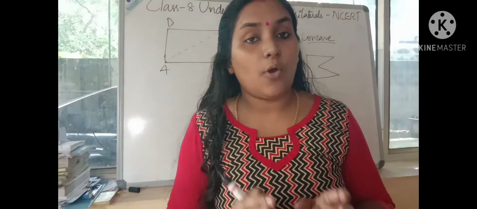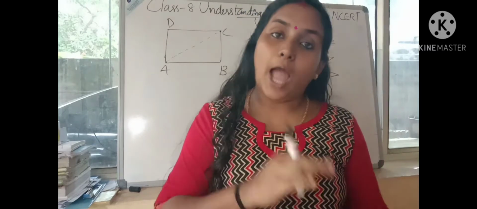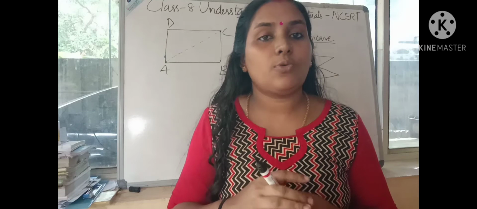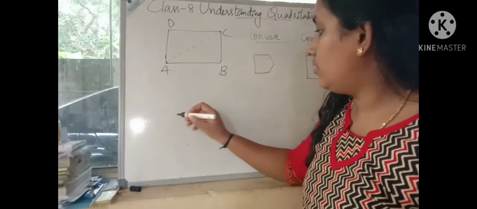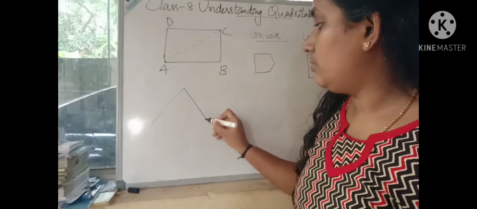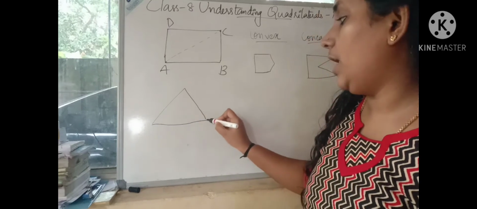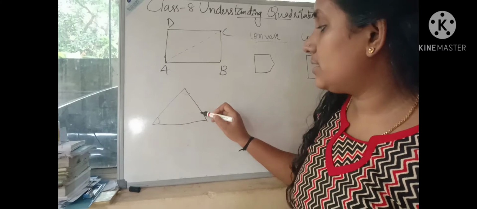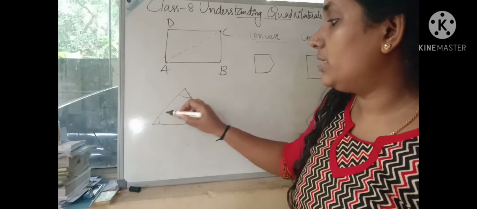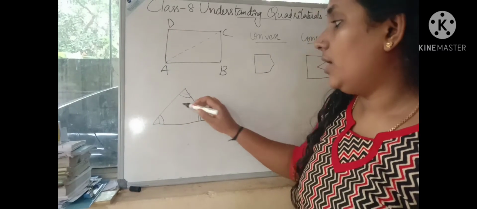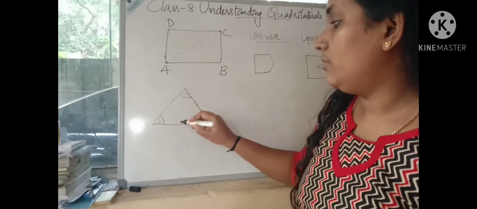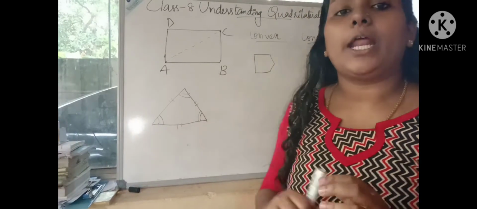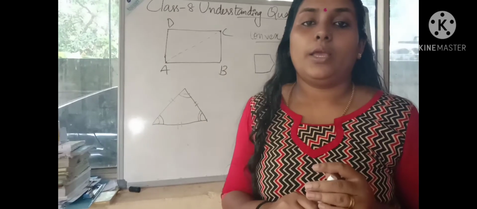A regular polygon is a polygon that is both equiangular and equilateral. That means what? For example, this is an equilateral triangle. All the angles as well as all the sides are equal. That means it is a regular polygon.